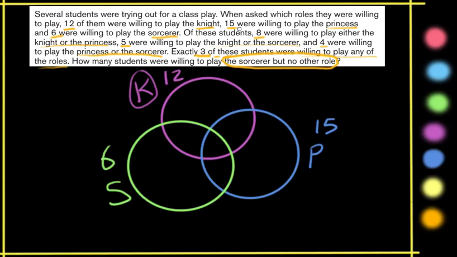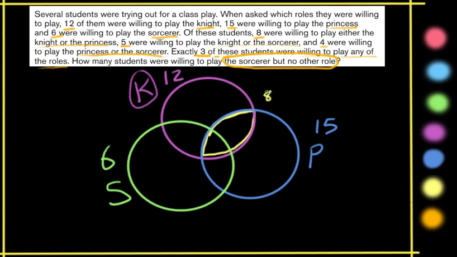And then it tells us that of these students, 8 were willing to play either the knight or the princess. So either the knight or the princess, that is this region here. It's got these two areas together, this football-shaped region. Those two together are 8, because 8 was the knight or the princess.